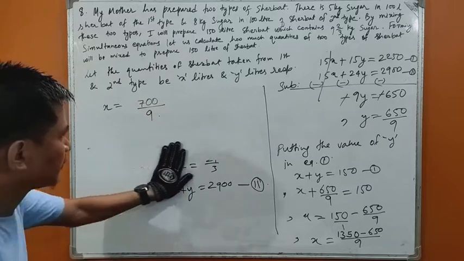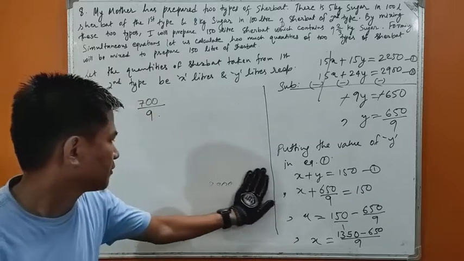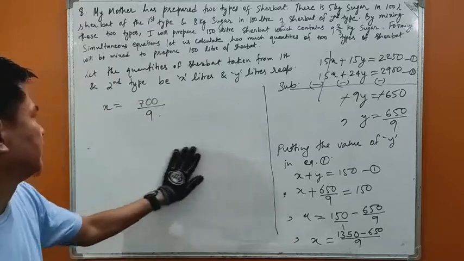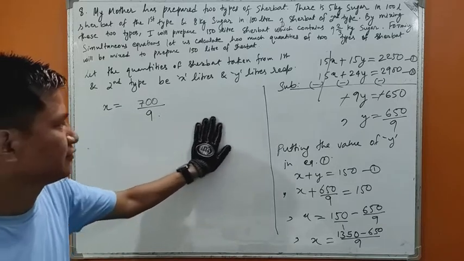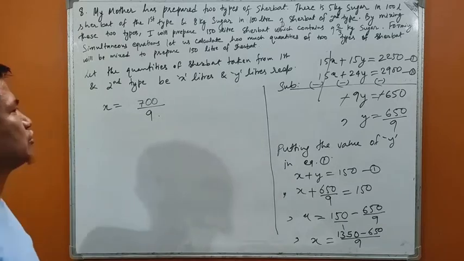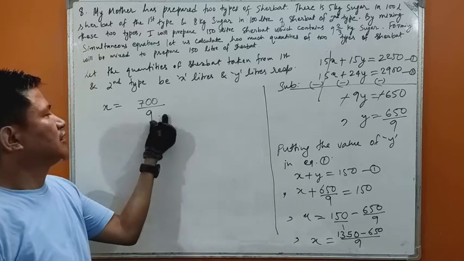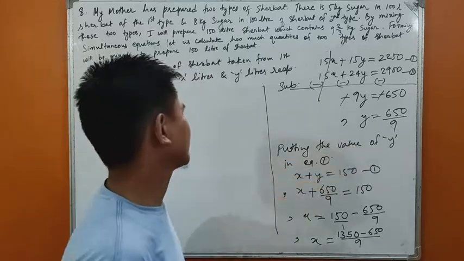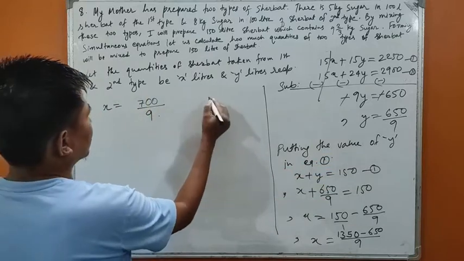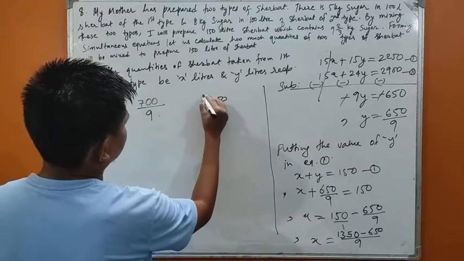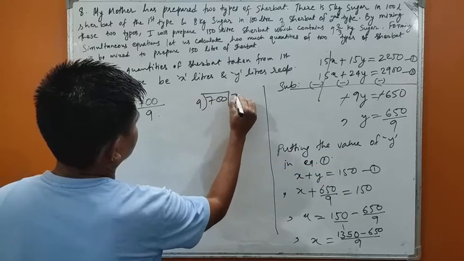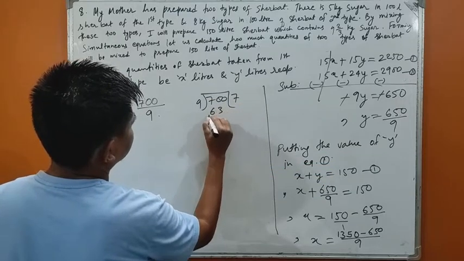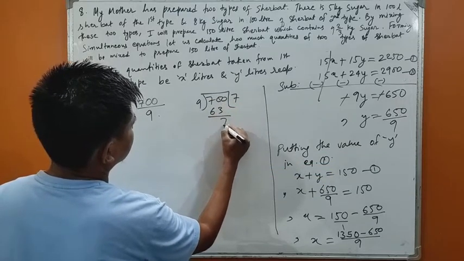And x is the quantity of sarbat taken from the first type of sarbat, isn't it? These are improper fractions, isn't it? So we need to convert these fractions into proper fractions. So 700 upon 9 means 9 sevens are 63. 10 minus 3 is 7.